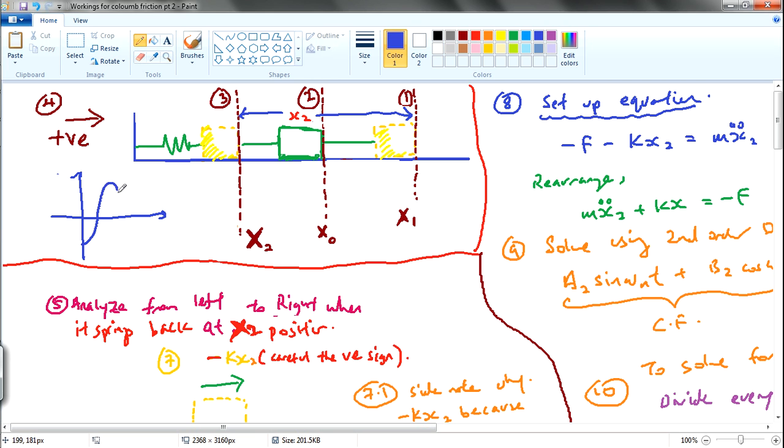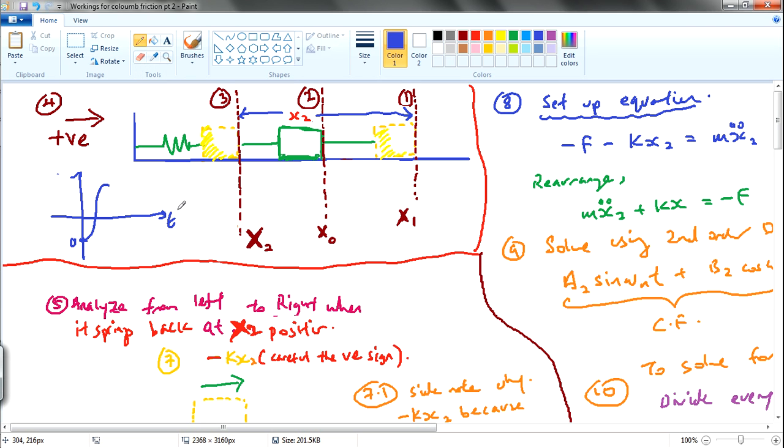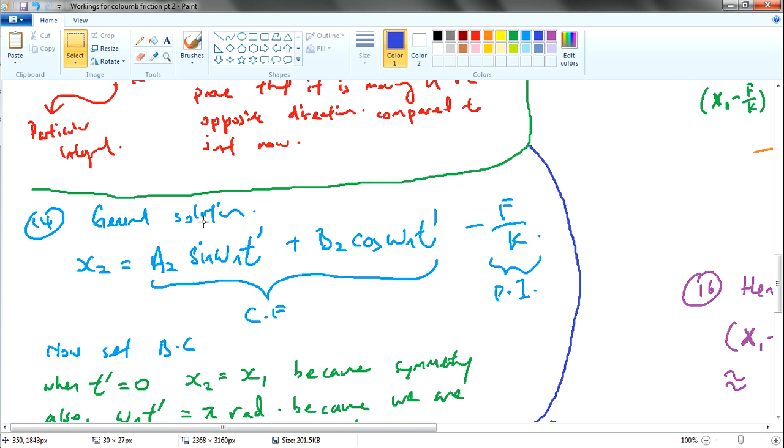Therefore, at time 0 is actually this point, which is what we call the x2 position. That's why this is t prime, time prime. This is what I want to convey over here.